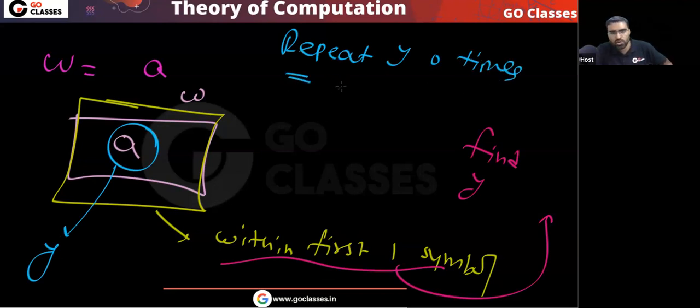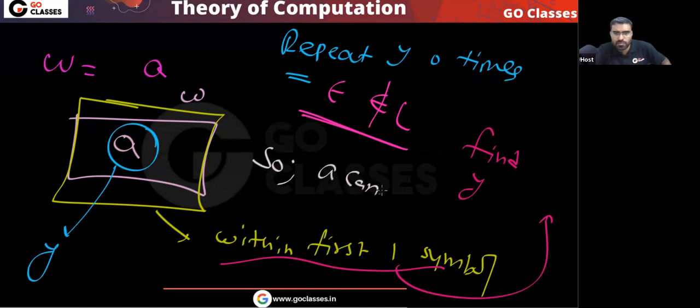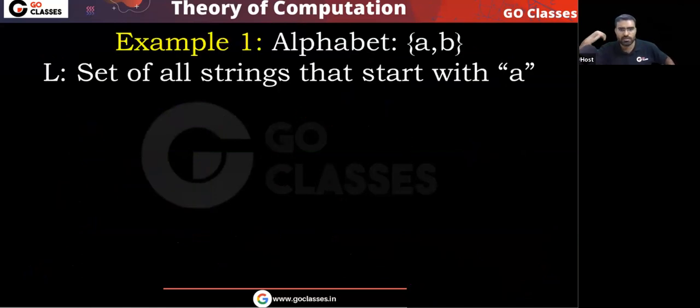If I repeat Y 0 times, I will get this, and this does not belong to L. This string does not belong to L. So I can say this Y does not work, and basically this string cannot be pumped. We cannot pump it. So P equal to 1 does not work.